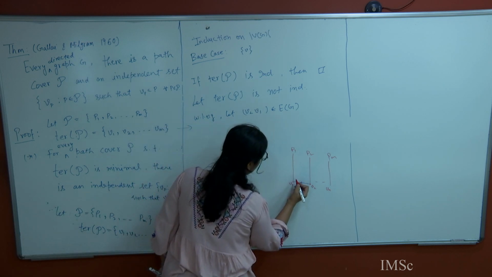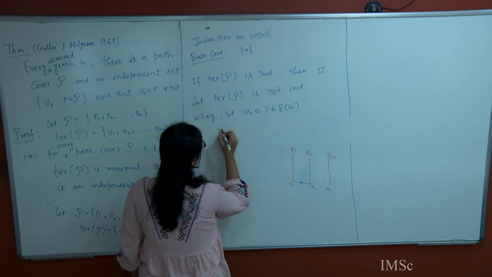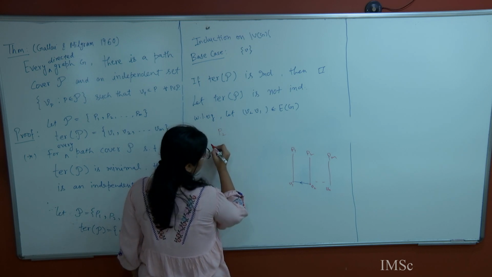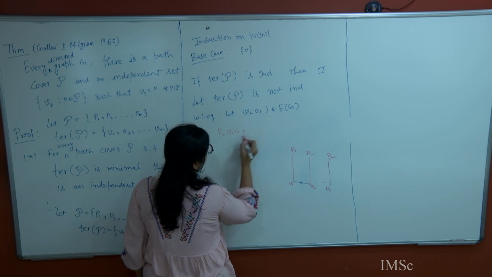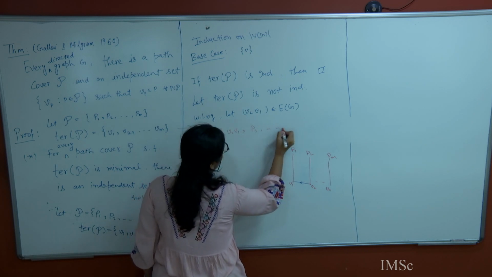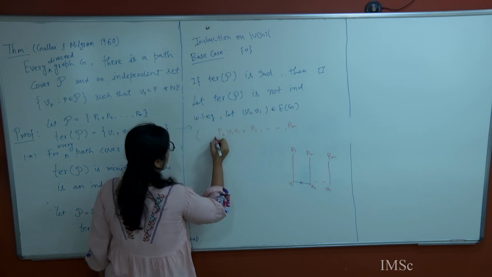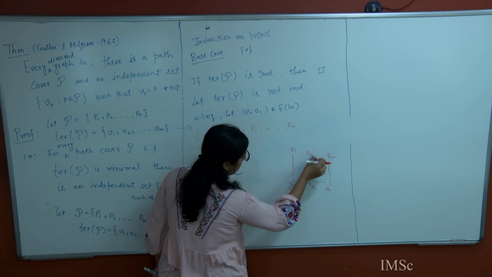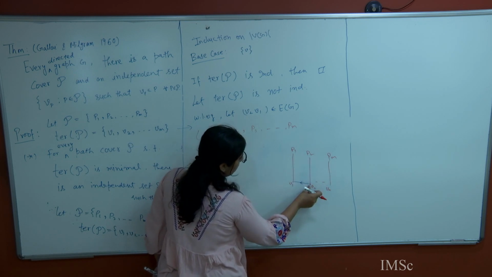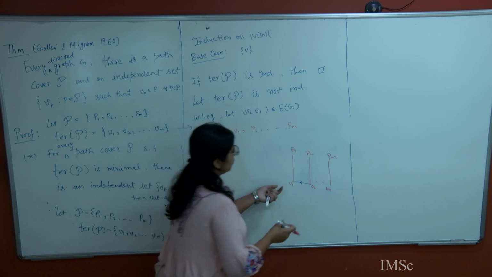So now P2, V2, V1 is a path, then P3, ..., Pm. For the first one, instead of P2, I am taking V2 to V1 also. I am extending this path P2.